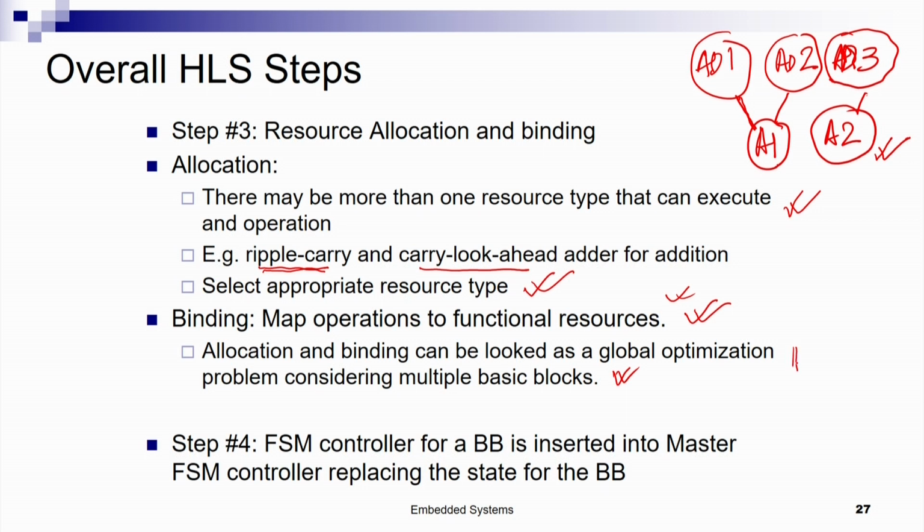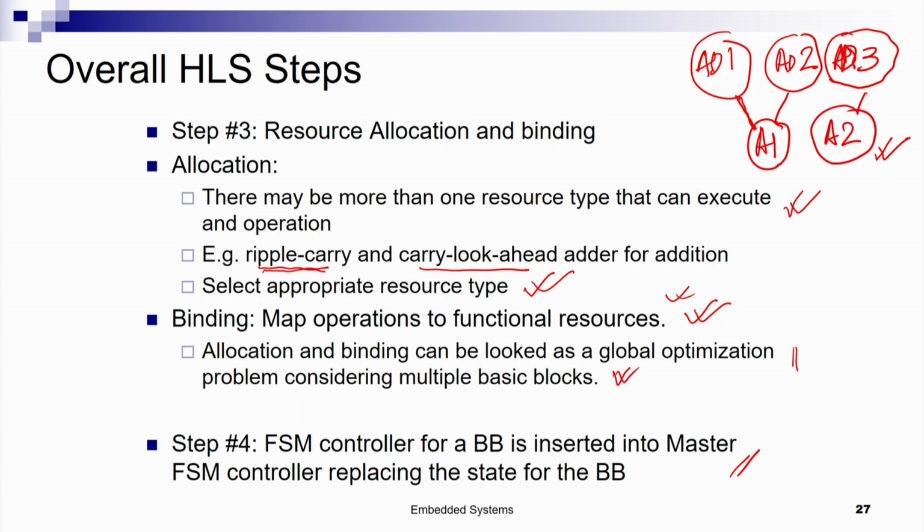Finally, after all these steps are done, the FSM controller for a basic block is inserted into the master FSM controller, replacing the state of the basic block. So, we had the master FSM controller. In the master FSM controller, the states were basic blocks and the connections were the edges of the control flow graph. Now, in the master FSM controller, this basic block node will be replaced by the FSM controller that we have generated for this basic block.